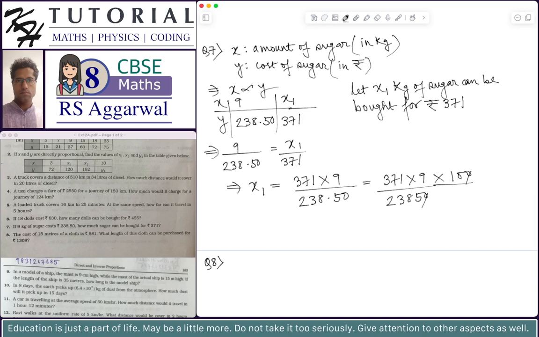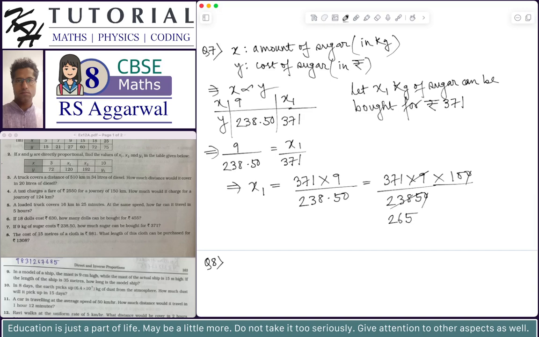Now is 2385 divisible by 9? The sum of the digits of 2385 is 5, 13 and 18. Yes, it is. So 9 should divide 2385. So 9 to 18, 5, 58, 6, 54 and 5. Okay.